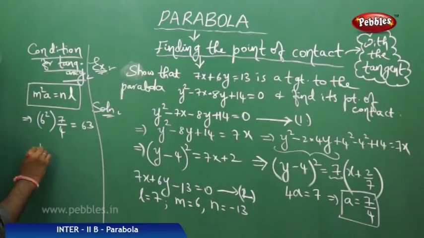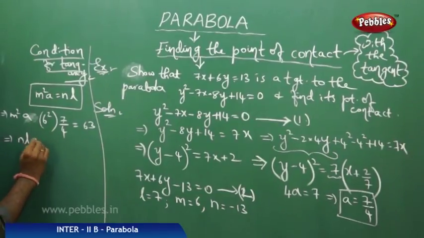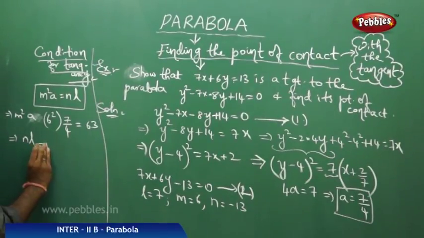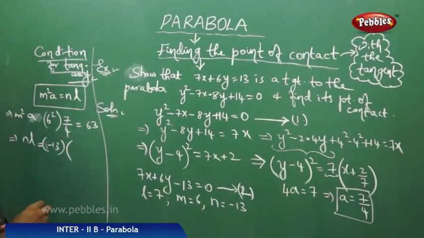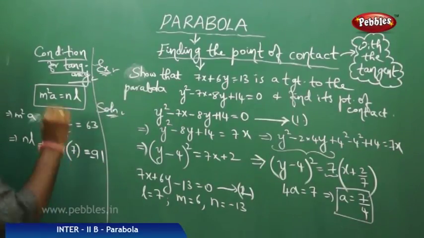And my right hand side, which is NL, gives me n times L, that is minus 13 times 7, which gives me minus 91.